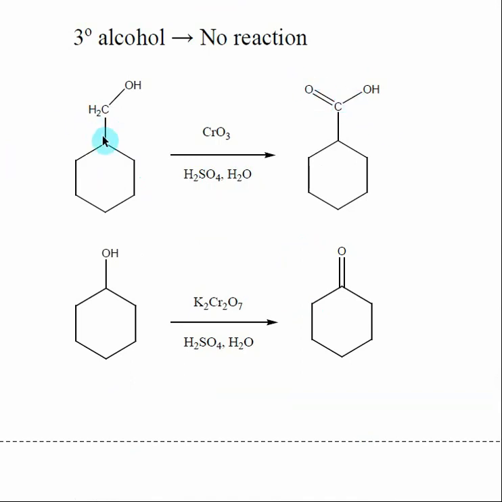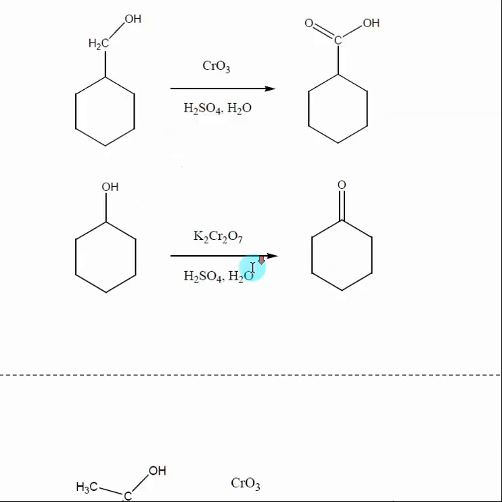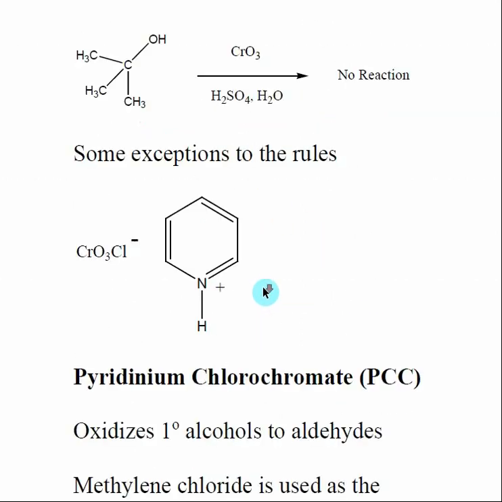And so to start with a primary alcohol to make an aldehyde, we can't use these reagents. We can't use these oxidizing reagents, because if I run it, it will convert into a carboxylic acid. So in order to make an aldehyde, we still start with a primary alcohol, but we do use a different reagent. And what ends up forming is an aldehyde.